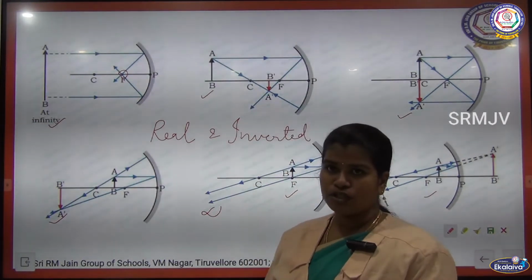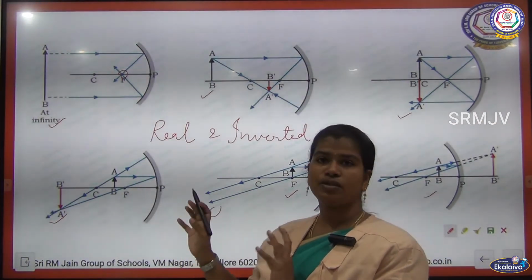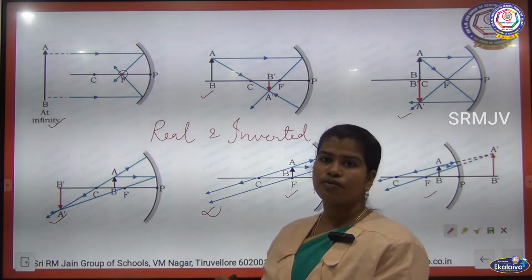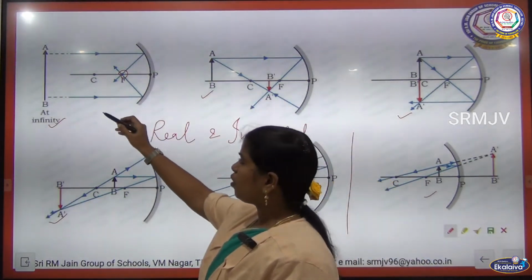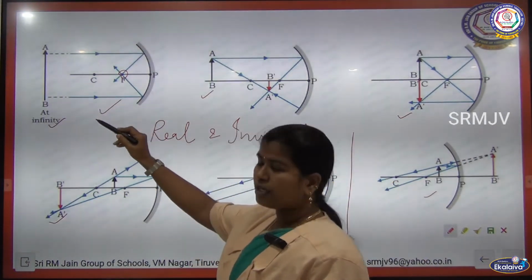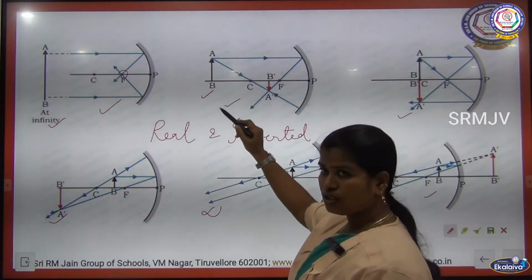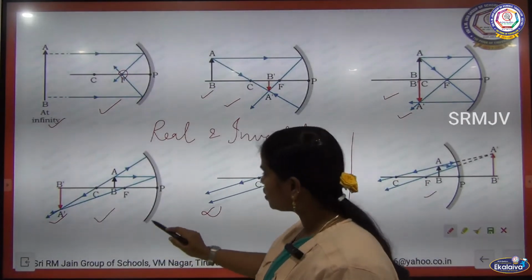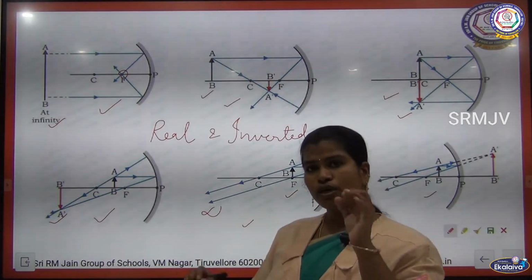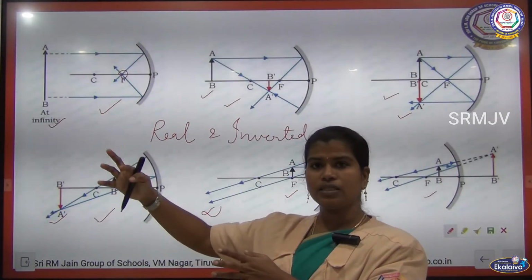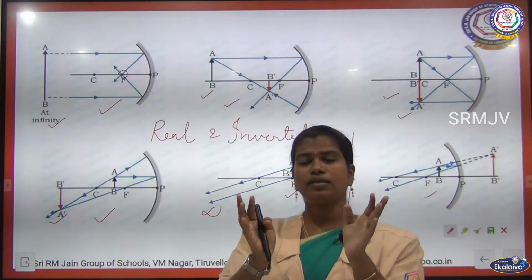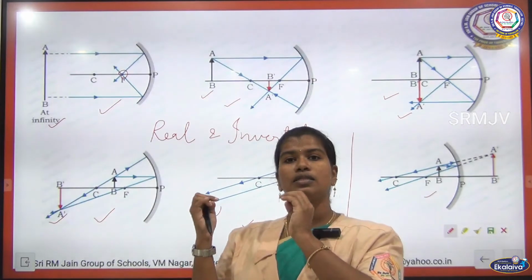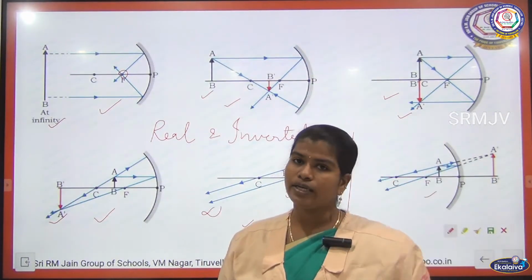When you see the size of the image, in the first case it was point sized, and then diminished, and then same size, and then enlarged, and then highly enlarged. So as the object moves towards the concave mirror, the size of the image keeps on increasing.